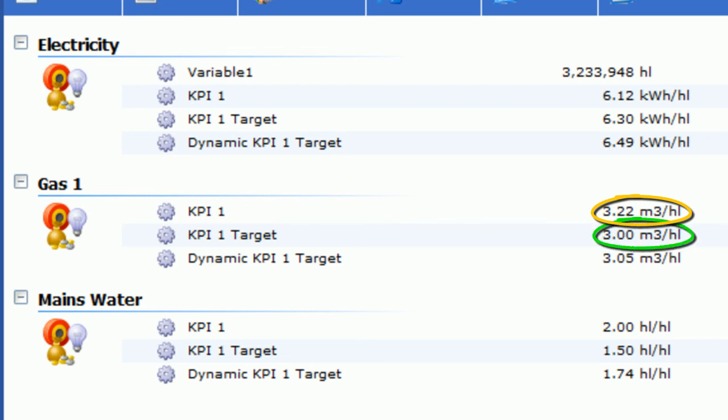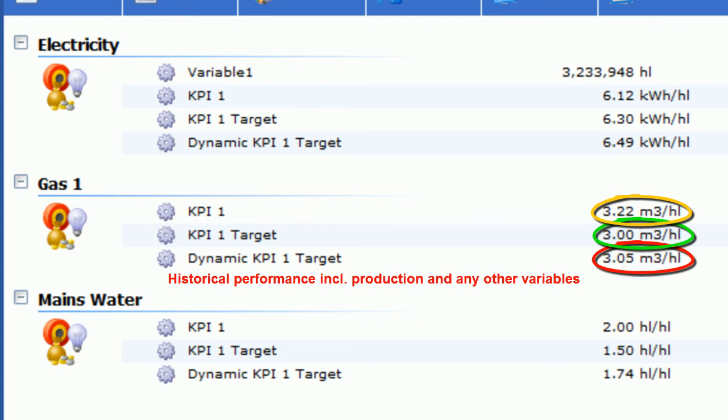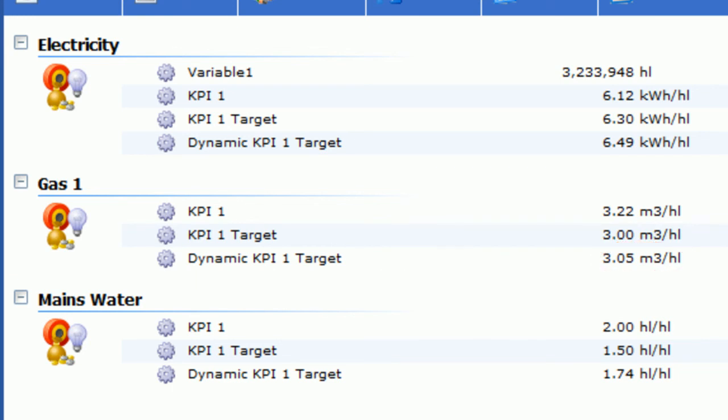My corporate target that I'm expected to achieve is 3.0, whereas our dynamic target, meaning my target based on my historical performance, both in terms of consumption, production, and any other variables that I have built into calculating this equation, says the most realistic number that I could hope to achieve is 3.05. This is a very useful tool for helping identify whether the corporate targets that your site has been assigned is anywhere near realistic.